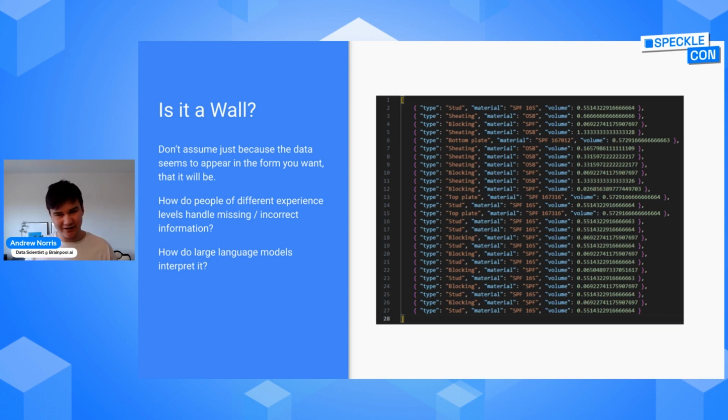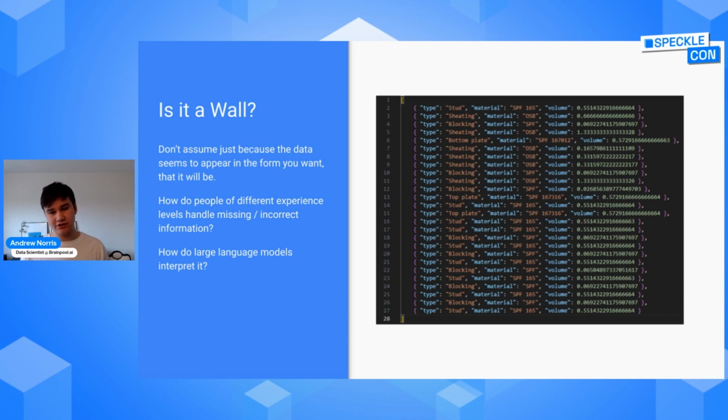I actually thought for a while that maybe sheeting was a thing, but it turns out it's not. So there's a lot of data gaps even in just the way that humans look at these objects. You have to keep in mind when you're working with data at this level: is the gap there because you're not experienced enough? Is the gap there because the data is incorrect? Is that gap there solvable?